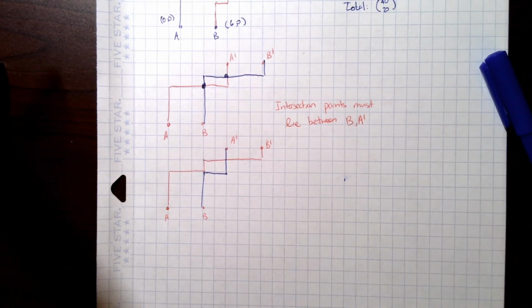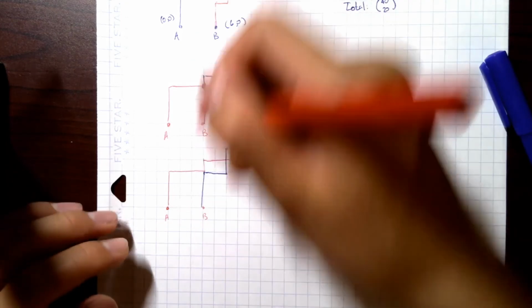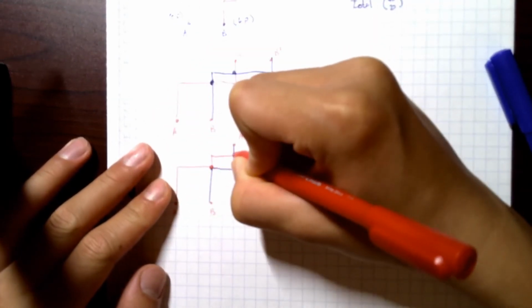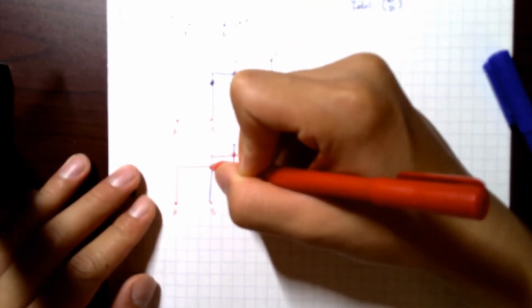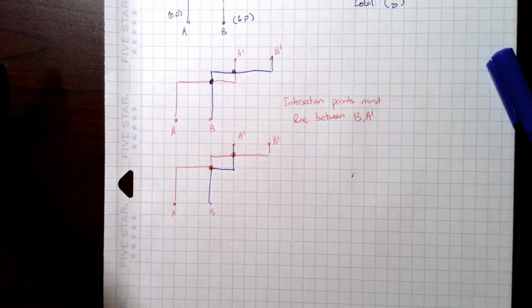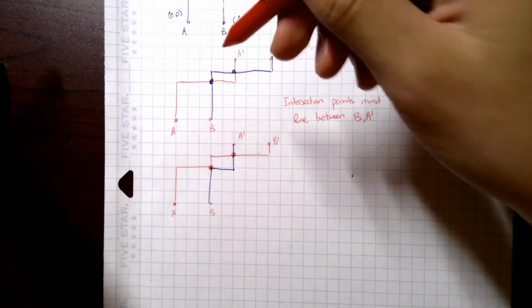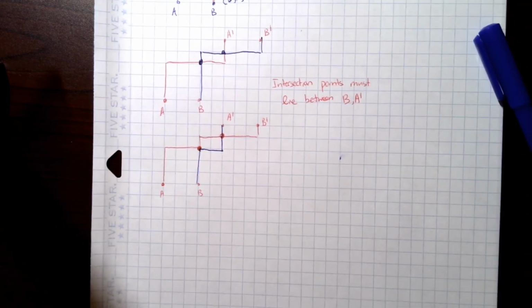You can also derive this way from the other by finding the intersection points and swapping the blue path for the red path and the red path for the blue path every time you reach an intersection point. We can do similar reasoning to get from this to this. So that's a bijection.